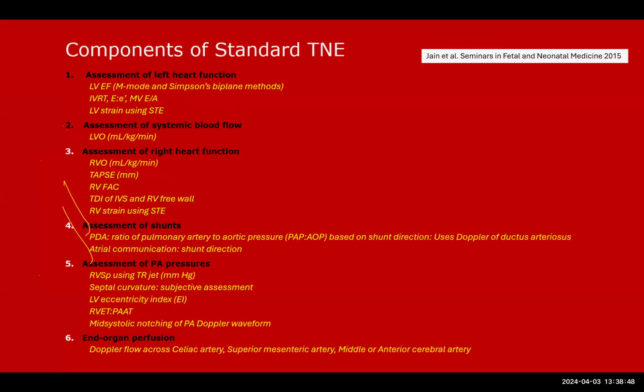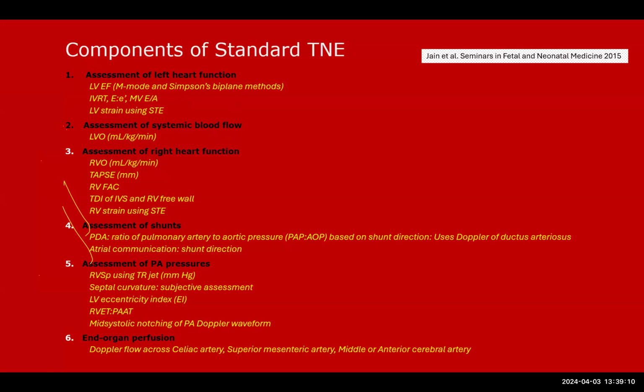If you're familiar with LV strain, you can also measure the LV strain using speckle tracking techniques. You can also measure the systemic blood flow through the left ventricular output, LVO. Right heart function is also very important.